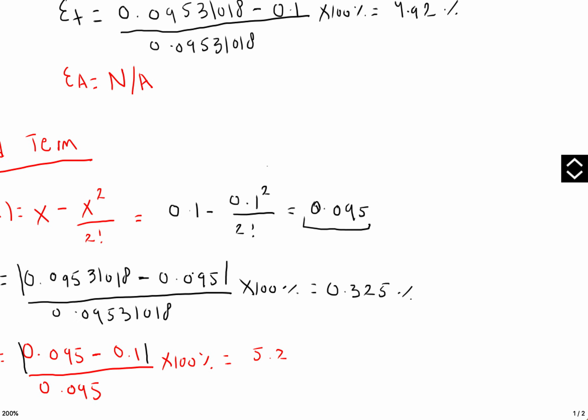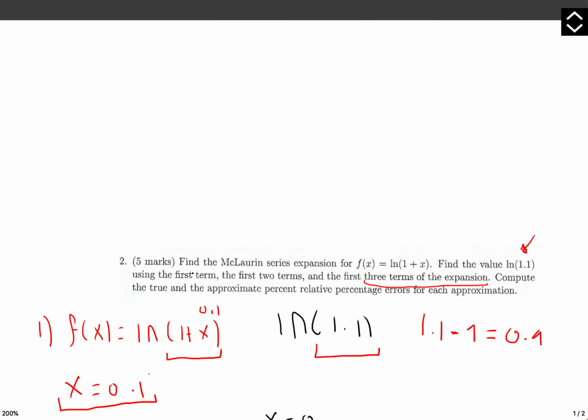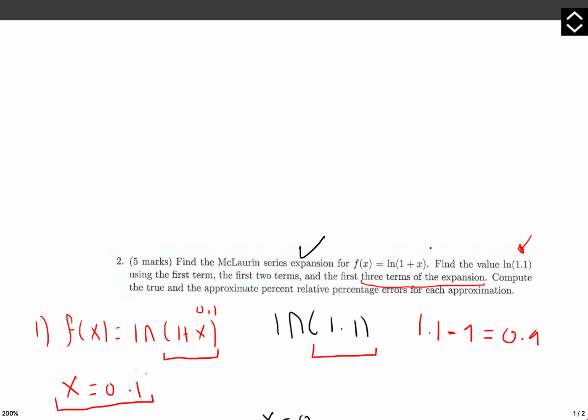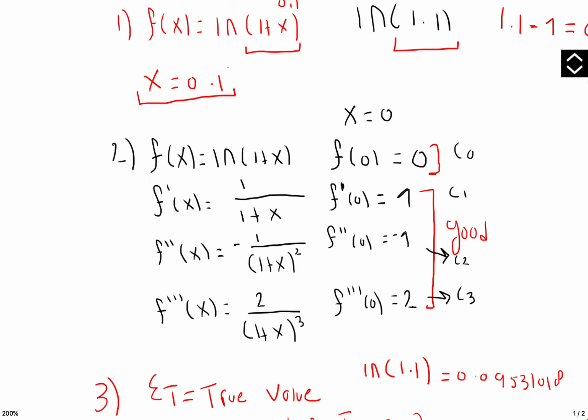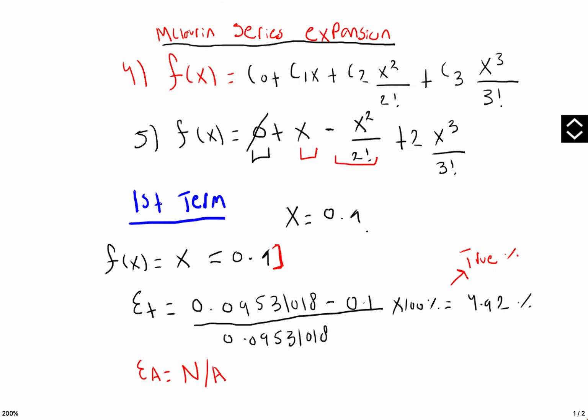Okay, so let's take a look at the question. The question said to find the Maclaurin series. We've done that. Find the value of ln 1.1 using the first term. We've done that, using the second term and the third term. And then compute the true and approximate relative percent for each approximation. Well, have we done that? If you look at the first term, we've calculated the true value for that.